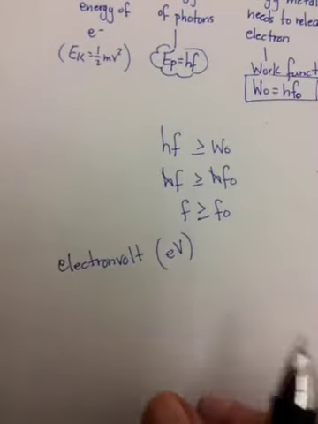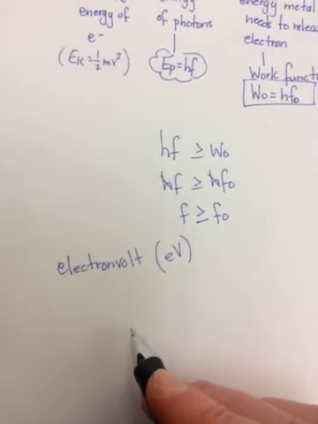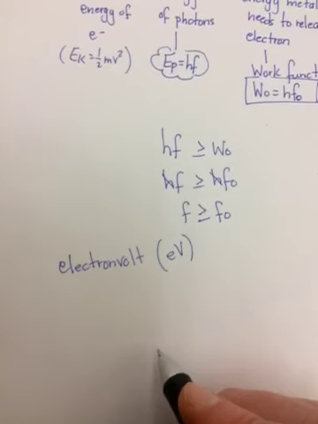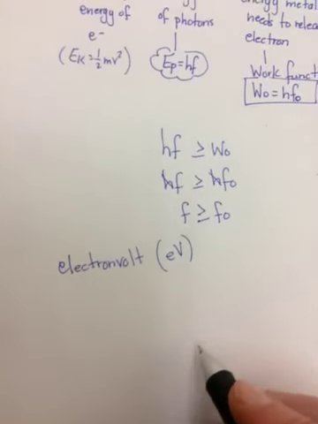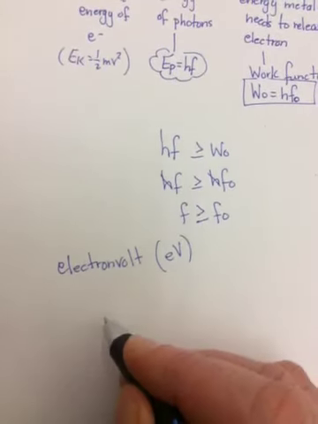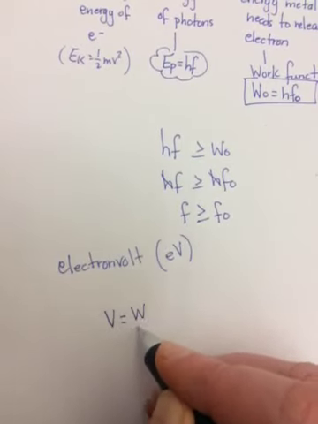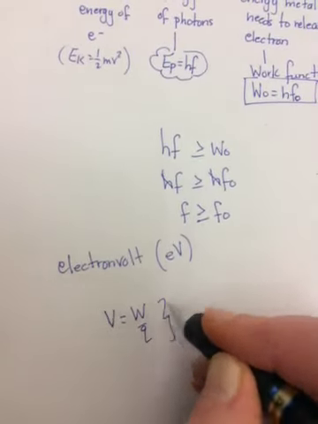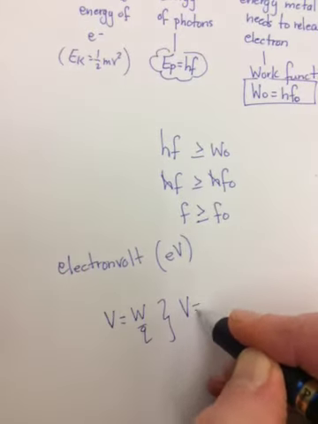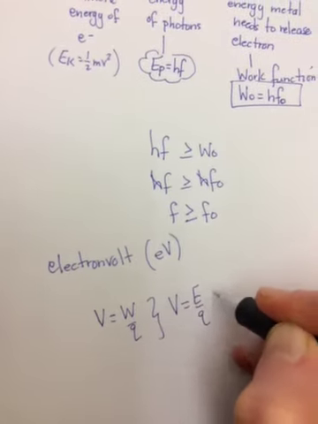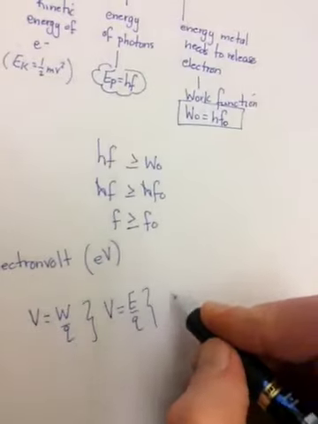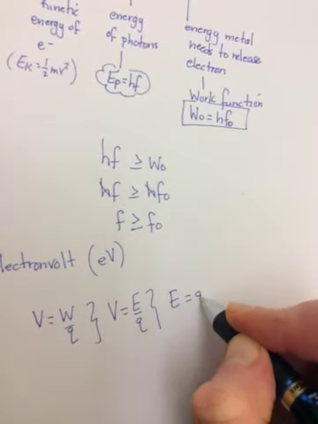1 electron volt is the energy of one electron when it's accelerated across a potential difference of 1 volt. So remember our equation, V is equal to W over Q, and remember that W can also be written as E, so E over Q. So energy is equal to QV.